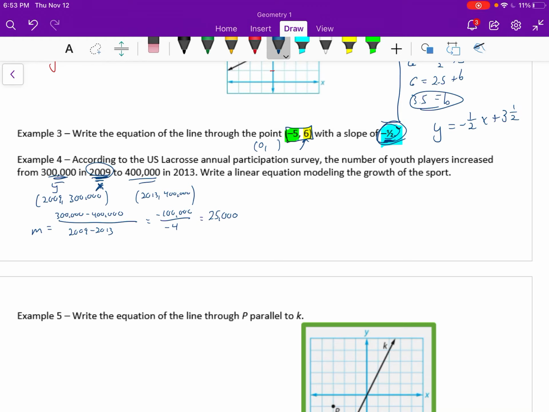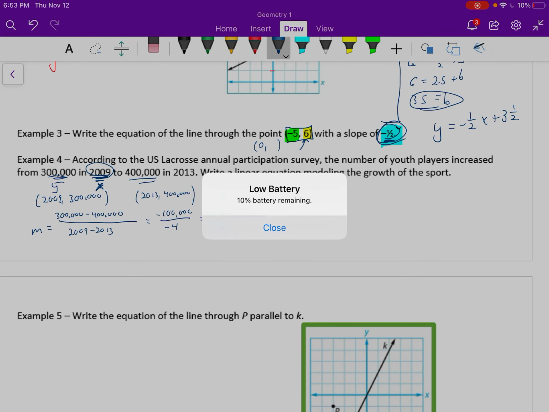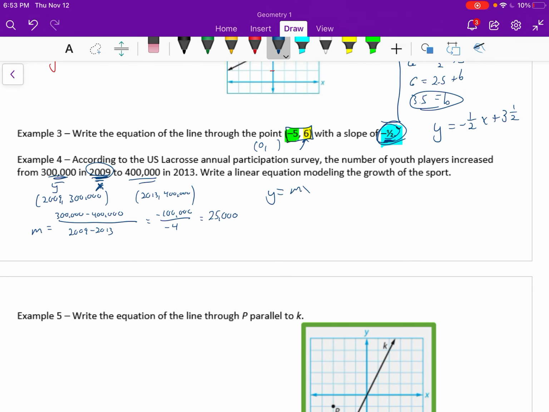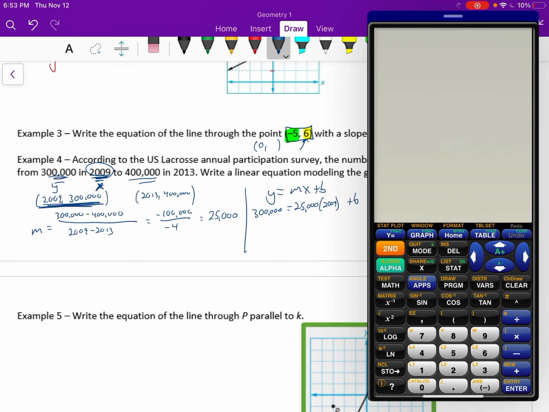So that's our slope, and now we can say y equals mx plus b. We can put in one of our points, so let's pick this one here. y, which is 300,000, equals the slope, 25,000, times the x value, which was 2009, plus b. We want to find b, so I'm going to do 25,000 times 2009.